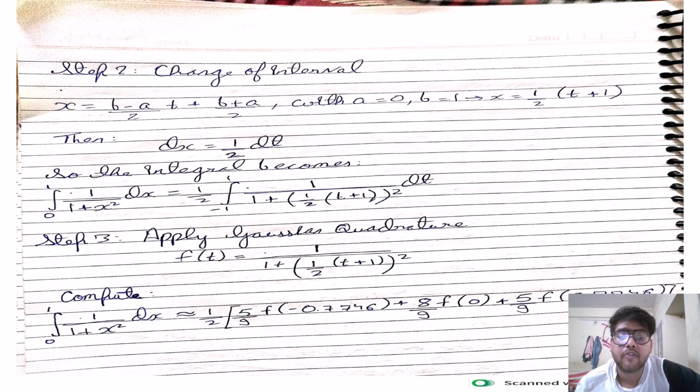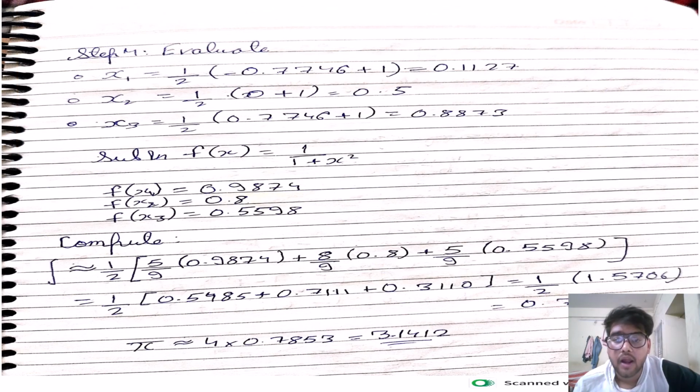In step 3 we will apply Gaussian quadrature. F of t will become 1 upon 1 plus (1 by 2 (t plus 1)) whole square. So now we will compute it. After computing we will get these values, and step 4 will be the evaluation.